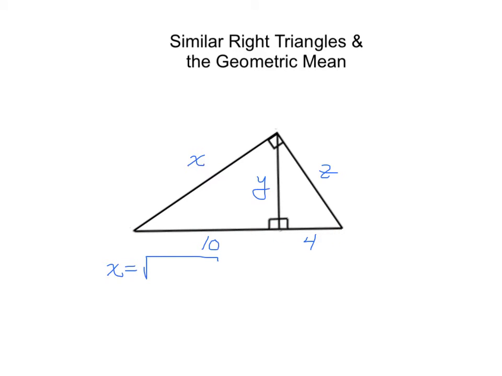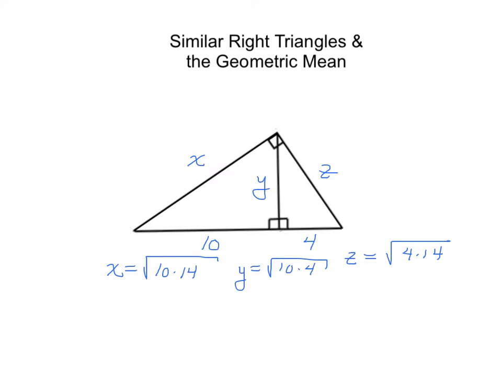So it is the square root of 10 times 14. z turns out to be the square root of that part of the hypotenuse and the entire hypotenuse. So in other words, 4 times 14. And then y turns out to be the geometric mean of each piece of the hypotenuse, 10 and 4. So the square root of 10 times 4.